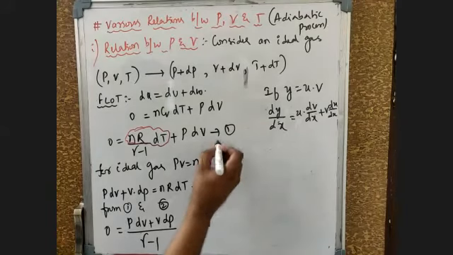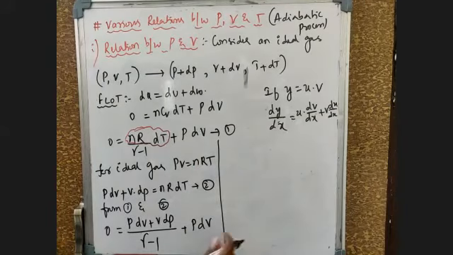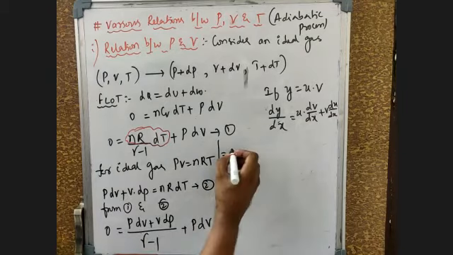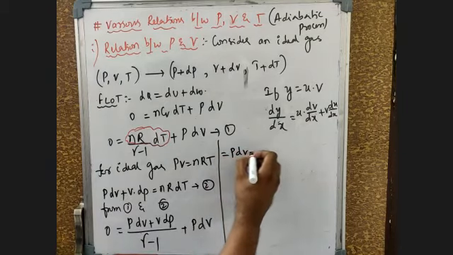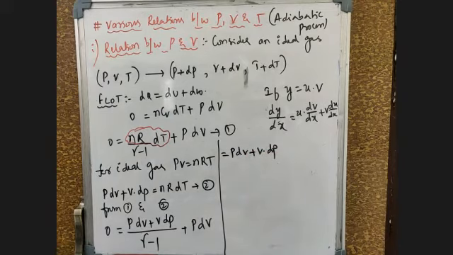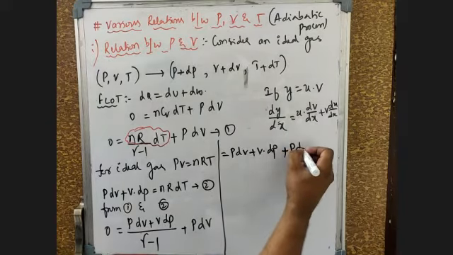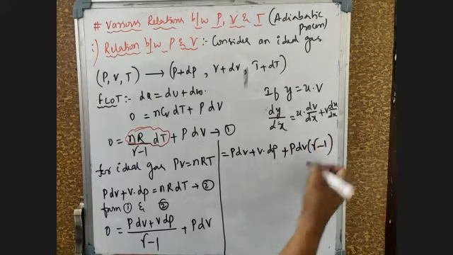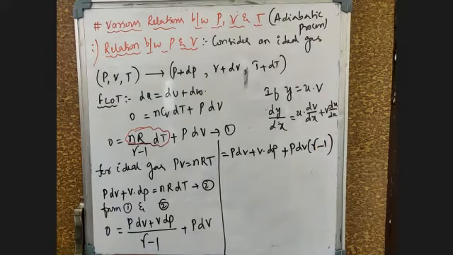I'm trying to simplify this now. So in the next step, this will become P into dV plus V into dP plus, if I take this term here, P into dV into gamma minus 1.